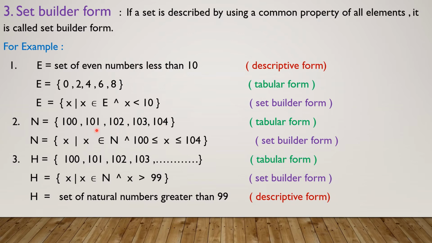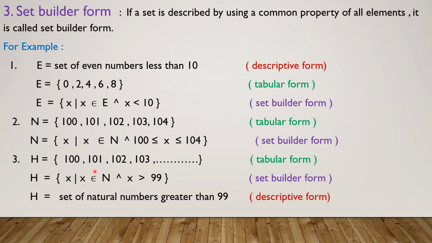This is the common property of all of these numbers. And this symbol shows "and". After that we will tell the limitation of our natural numbers, that they start from 100 and end at 104, meaning our x is greater than or equal to 100 while it is less than or equal to 104.